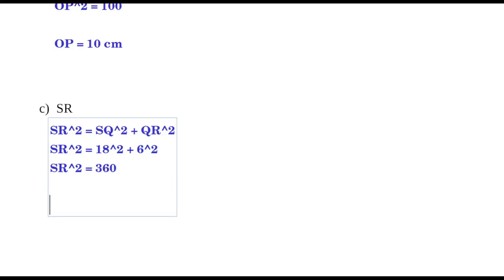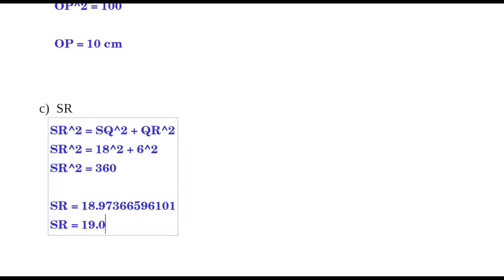Then taking the square root on both sides, we get the answer 18.97366596101. Now correct to 3 significant figures, it's going to give me 19.0 centimeters.